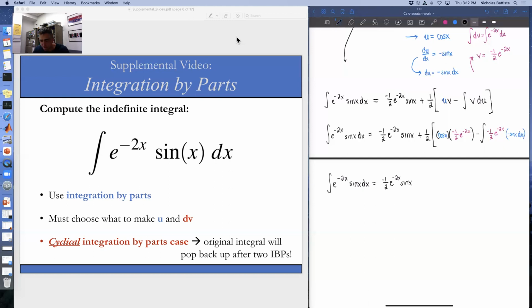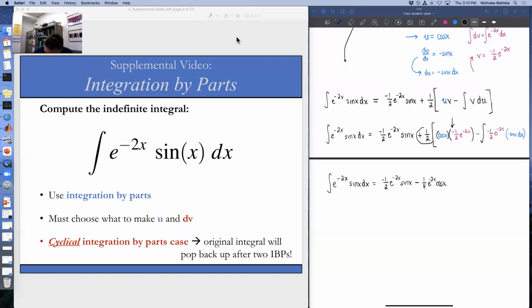And then I'm going to start distributing what we have left here. So we have this plus 1/2. However, we have this minus sign in there. So this will actually become a minus 1/2 times 1/2 from there. So we get a minus 1/4 times e to the minus 2x cosine of x this time.